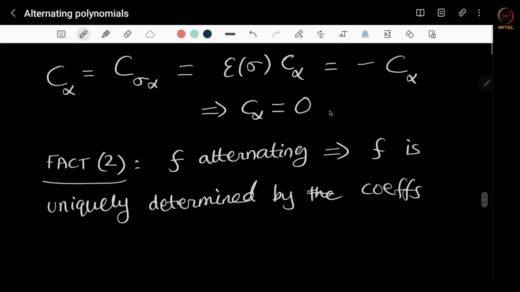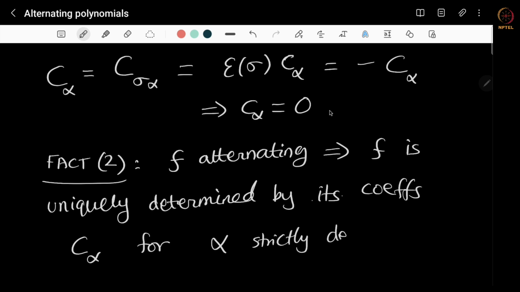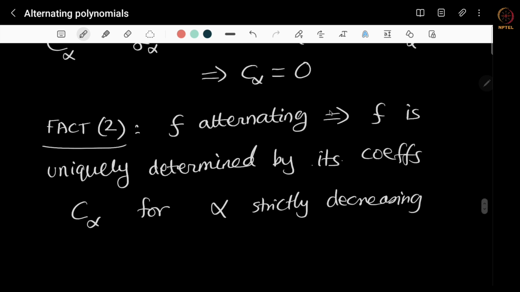So I should say by its coefficients C alpha for, I don't need to know it for all alpha, it's enough to know it for alpha being strictly decreasing multi-indices, for all alpha strictly decreasing multi-indices.